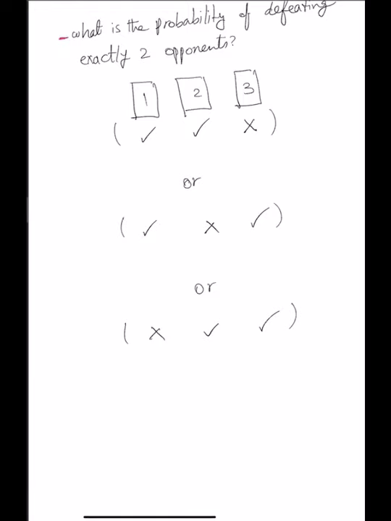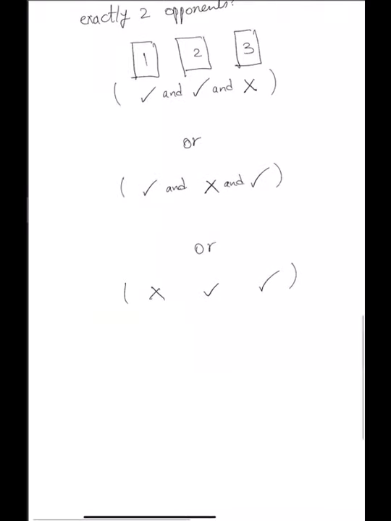I can beat the first and second and lose to the last. I can beat the first and lose to the second and beat the last one. I can lose to the first and beat the second and beat the last one.